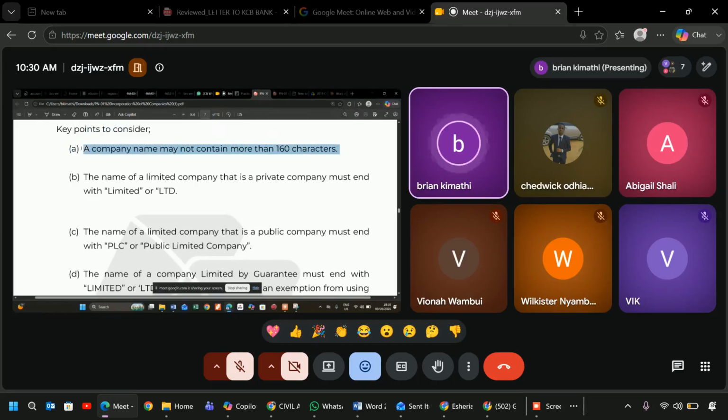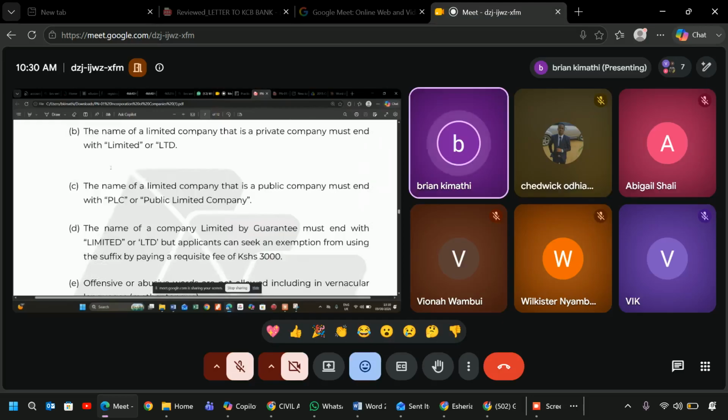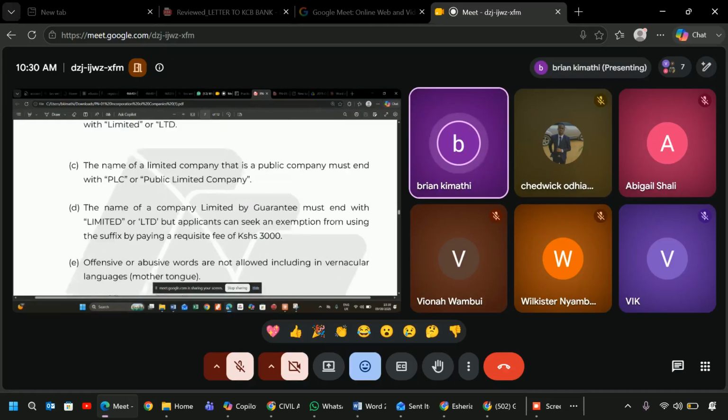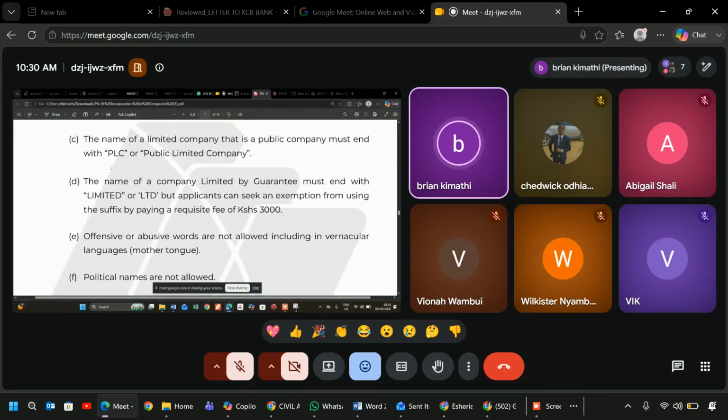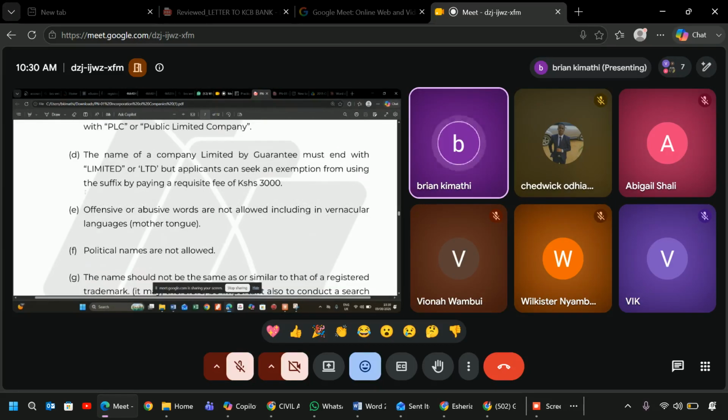The company name may not contain more than 160 characters. The name of a limited company that is a private company must end with either limited in full or LTD. The name of a limited company that is a public company must end with PLC or public limited company. The name of a company limited by guarantee must end with limited or LTD, but applicants seek an exemption from using these, this is a typing error. Let's read it again. The name of a company limited by guarantee must end with company limited by guarantee or CLG.